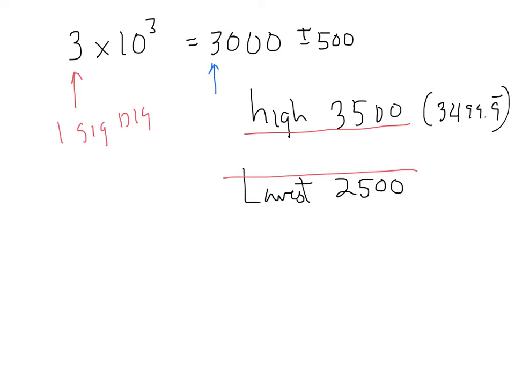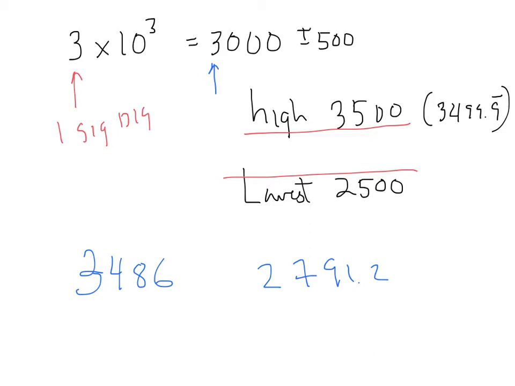So for example, numbers that would satisfy this, that it could actually have been, if they were able to measure it more exactly or count it more exactly, it could have been, let's say, 3,486. It could also have been 2,791.2.